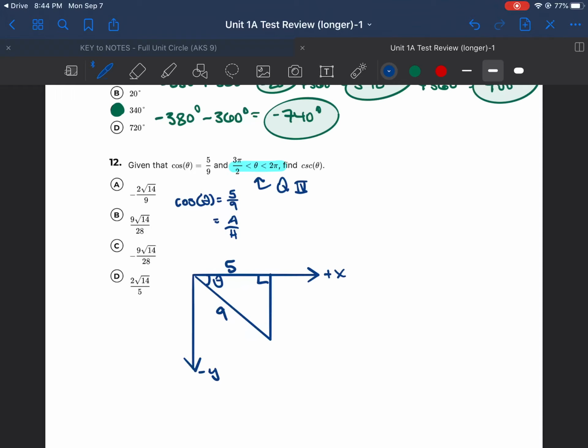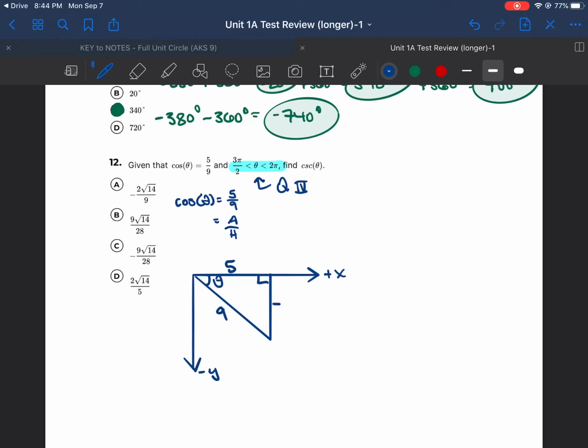Since x values are positive in the 4th quadrant, the adjacent leg is positive. But since y values are negative in the 4th quadrant, the opposite leg is going to be a negative value. So I'm going to put a negative here just so I don't forget.